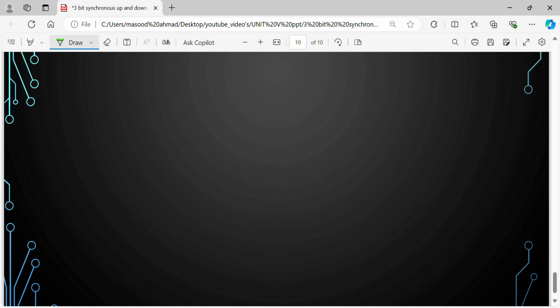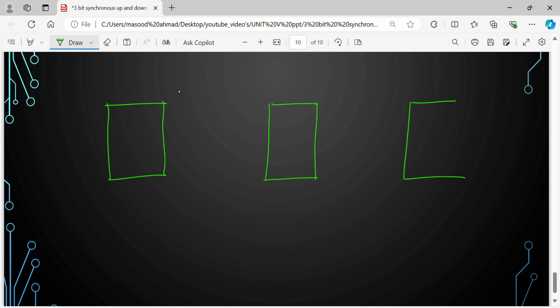So how to draw the circuit diagram? Very simple. I'll take first one flip flop, then give a gap, then take another flip flop, then another. Let's say this is flip flop A, which is the LSB, so better we write it here. Flip flop A is here, next B is here, next C is here.